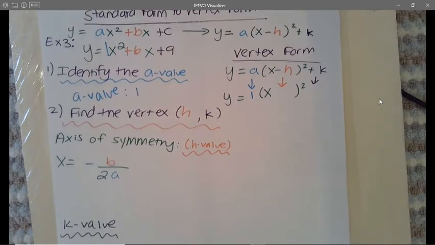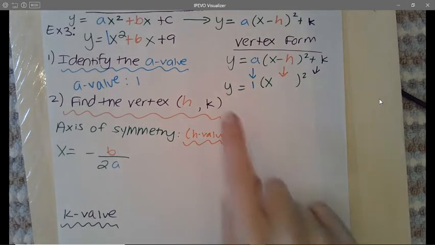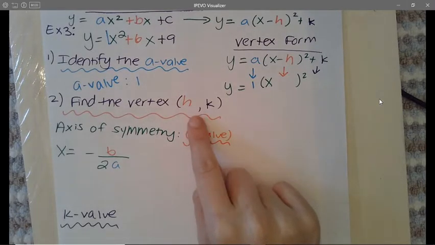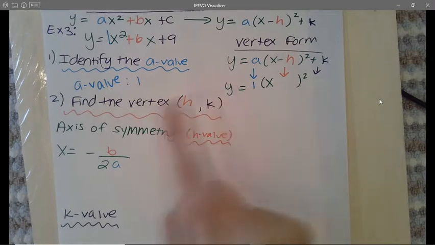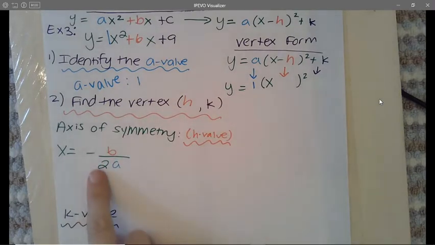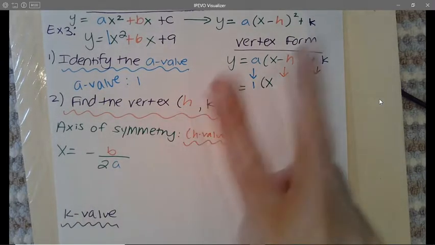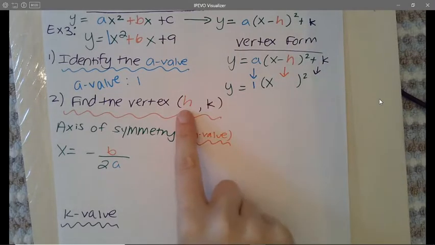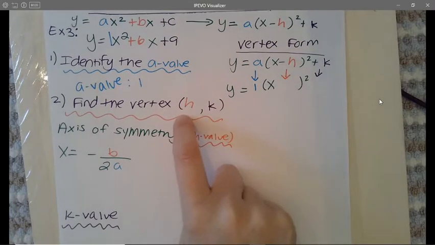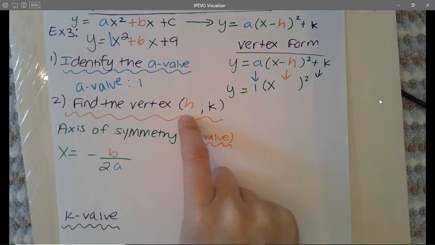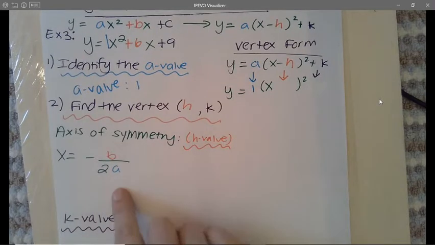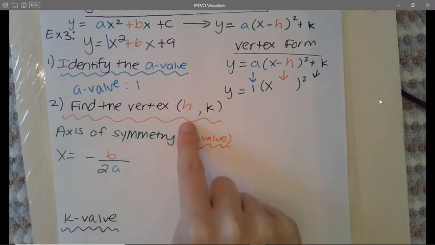Okay, so in standard form, if you recall from example 1 and 2, to find the vertex point, first of all, remember the axis of symmetry equation finds the x value of the vertex point, which is technically the h value because the h value is sitting in the first spot of your point, which is the x value. So if I find the axis of symmetry, I will know the h value.